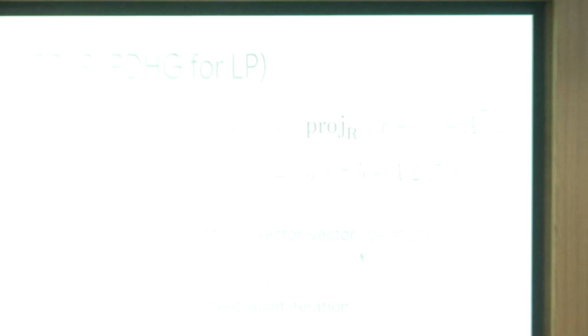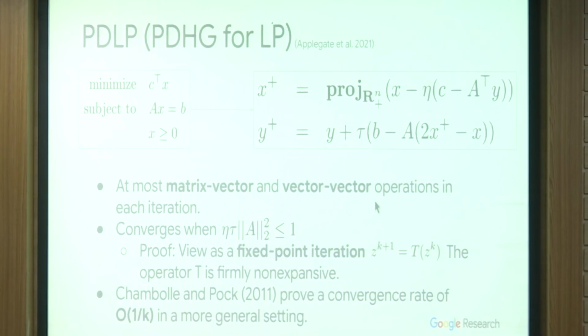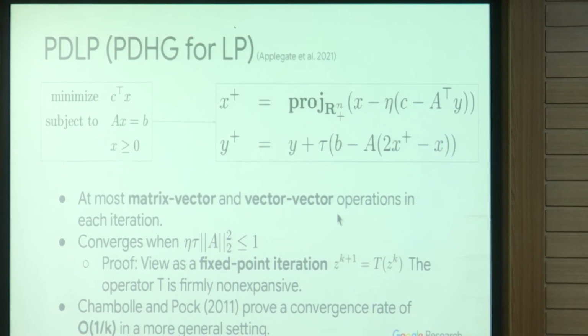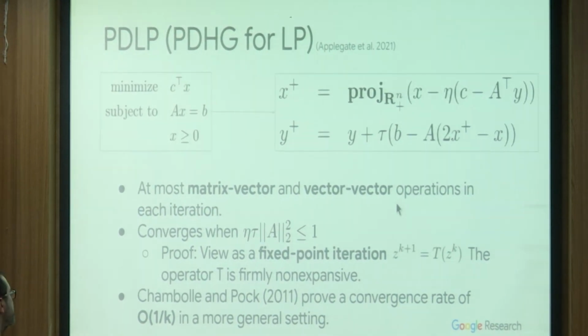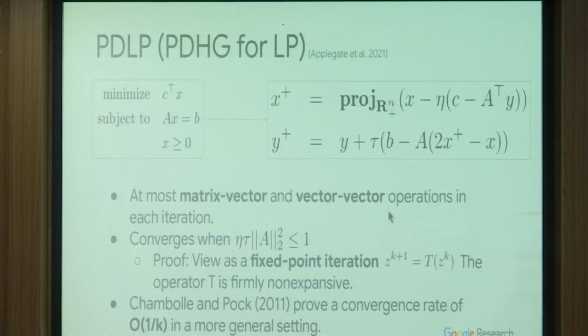For the next dual point, you look at the previous and the current X iterate over A, and you do that update. The vanilla proof for convergence is just a fixed point theorem. This is well known, and the convergence is 1 over K in theory.